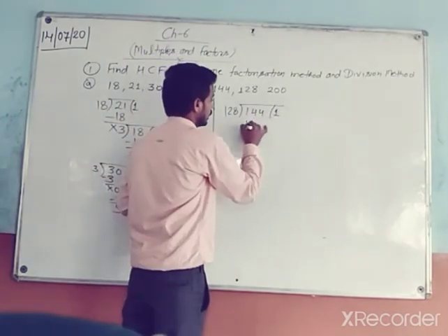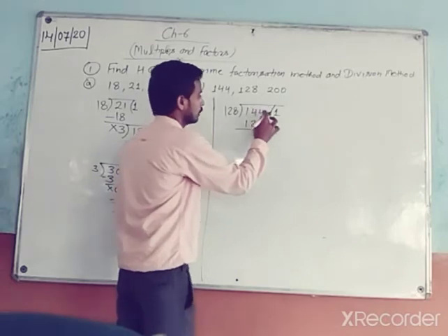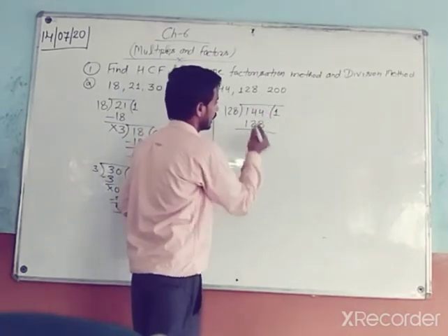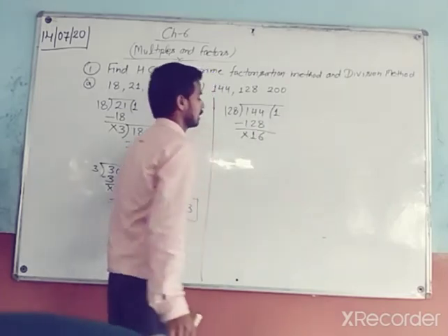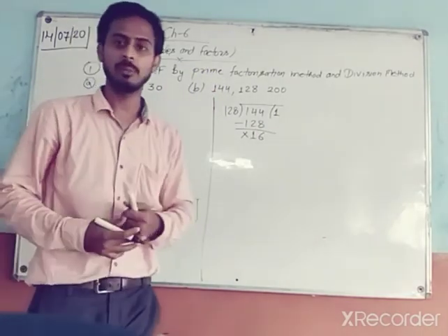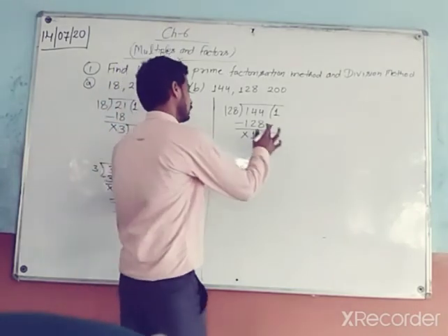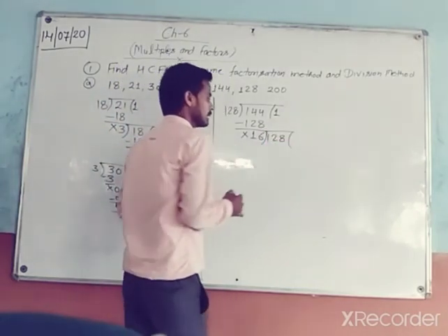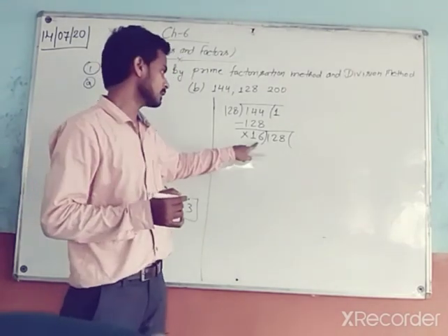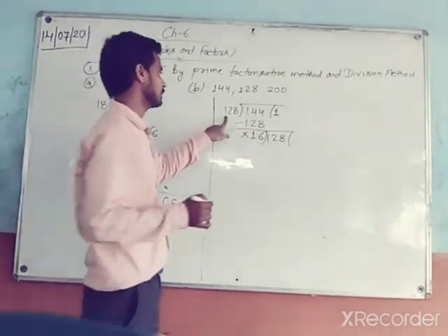128 ones are 128. Now subtract 40 minus 8 is 6. Now 3 minus 2 is 1. Now we have 16 as remainder, and according to the division method, 16 is divisor for the previous divisor.